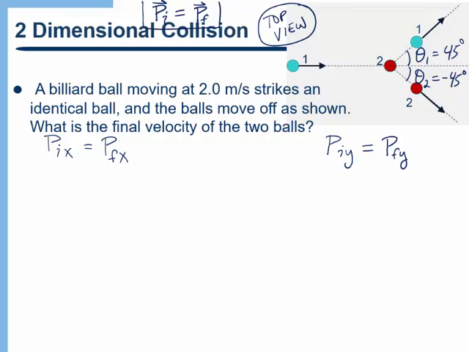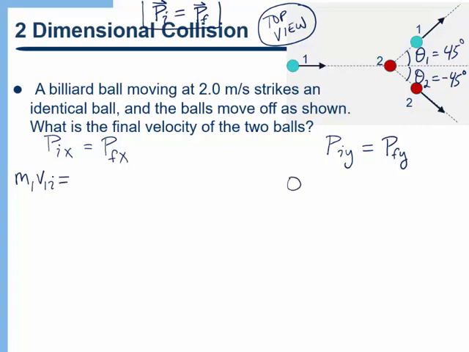Initially, object 2 is at rest and only object 1 is moving, and it's only moving in the x direction. Therefore, our initial momentum in the x direction is m1 v1 initial. In the y direction, there is no momentum initially, so that's just 0.